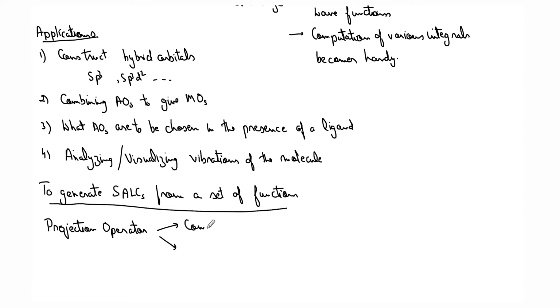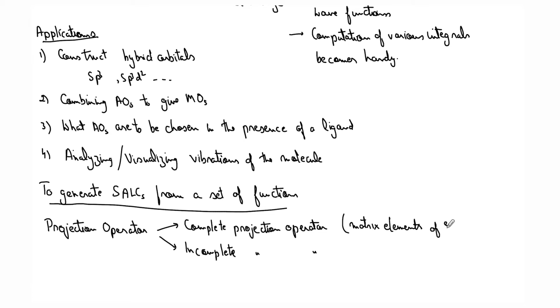You can have a complete projection operator, and if you are saying complete, the other one has to be incomplete, right? So this one relies on the full matrix elements of symmetry operations.